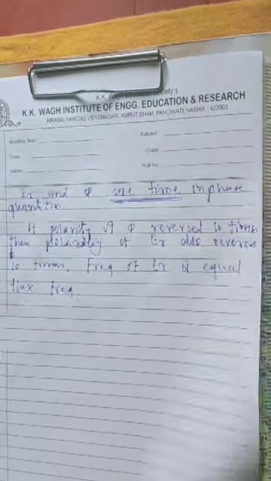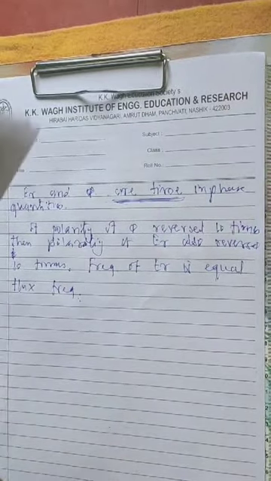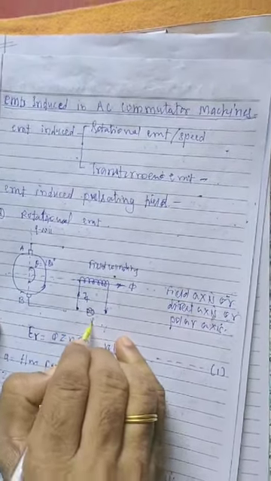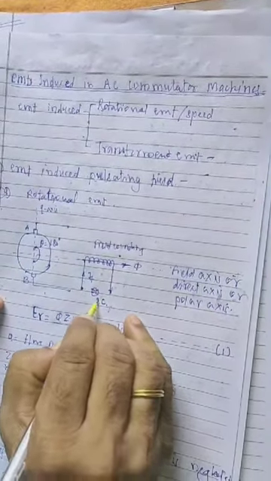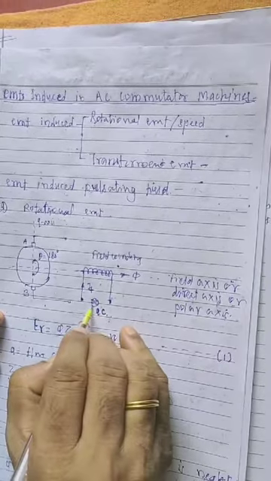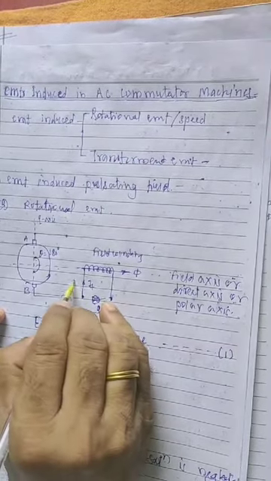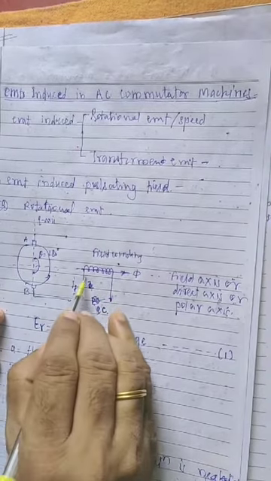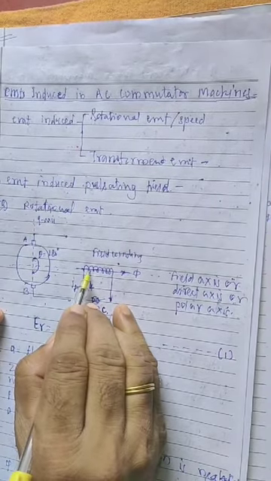Now if the DC is removed from the field winding and AC is connected, the instantaneous current IF is now flowing through the field winding.